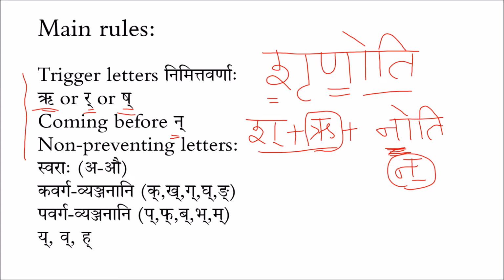So this is a Nimitta Varna, a trigger letter. It is coming before Na, and in that case the rule says that the Na changes to Na. So the Shrunoti changes to Shrunoti.